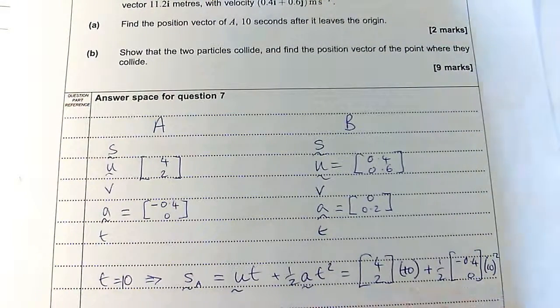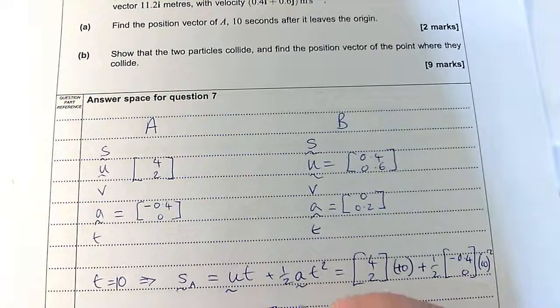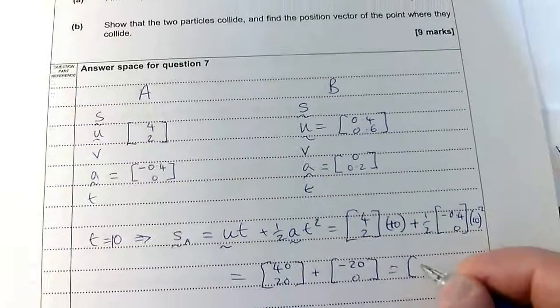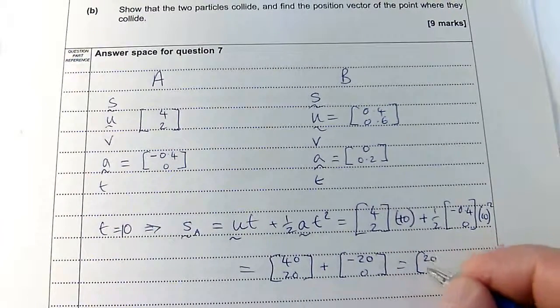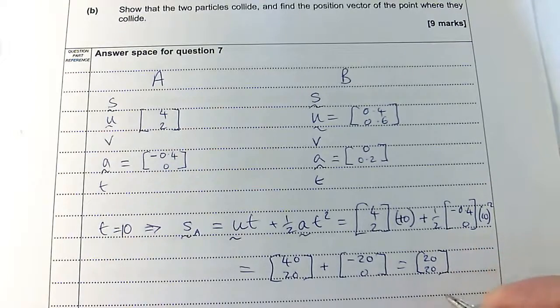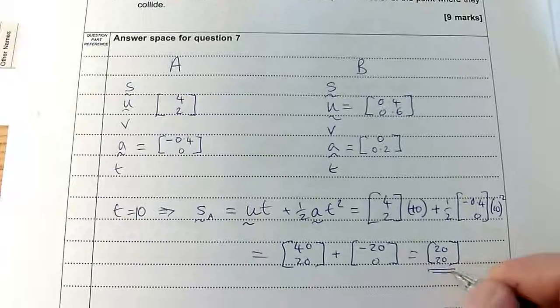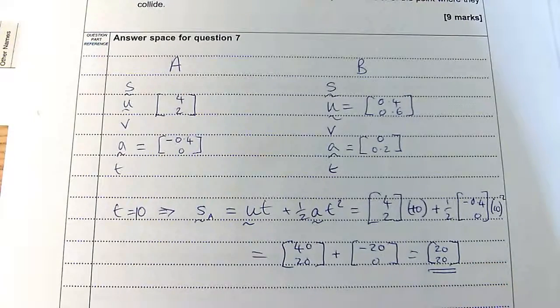Multiplying by the 10 gives me 40, 20, and I'm adding on half of that acceleration, which is minus 0.2, 0, multiplying by 100, so that is minus 20, 0, which gives us 20, 20 as the position vector. And that is exactly what I was asked for, the position vector of A, and I can stop there.